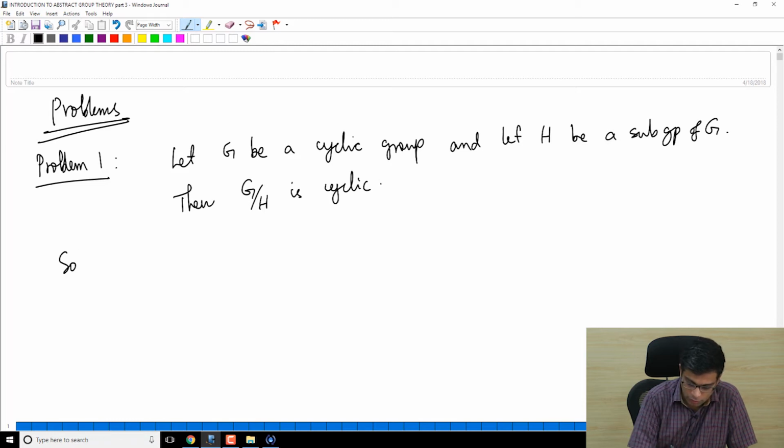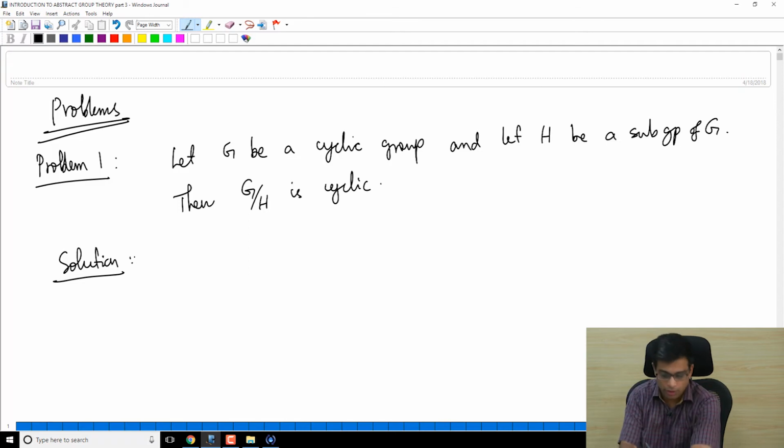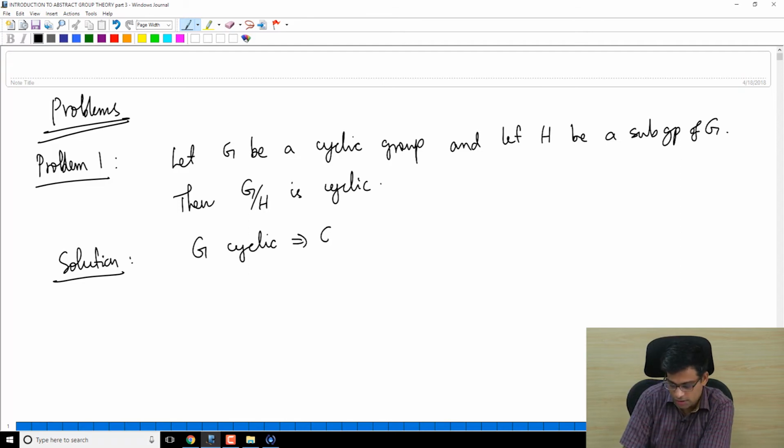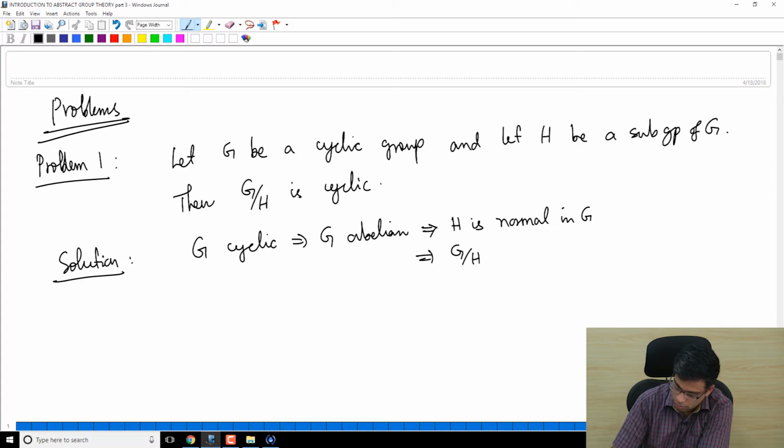Okay. First of all, recall that G is cyclic implies G is abelian. Any cyclic group is certainly abelian, implies H is normal in G. So G mod H is a group.